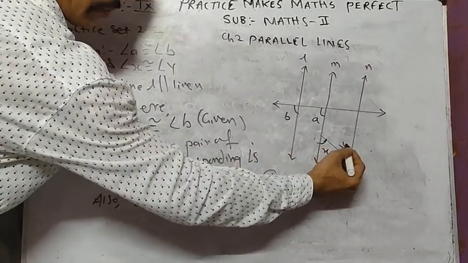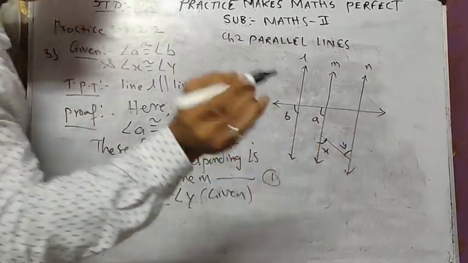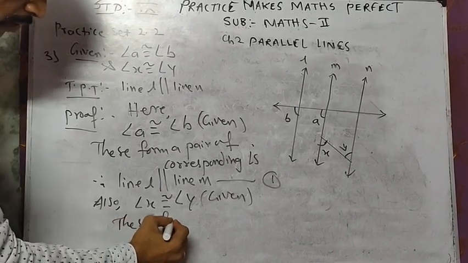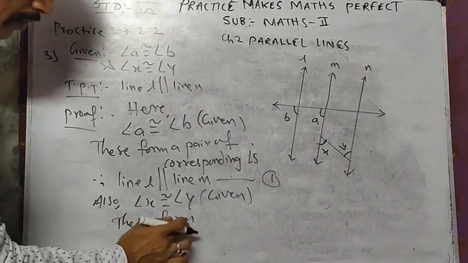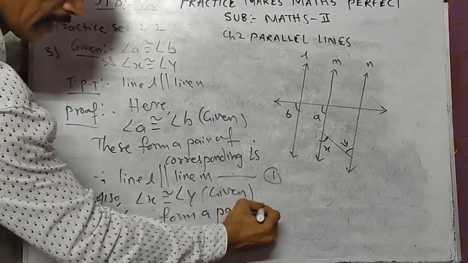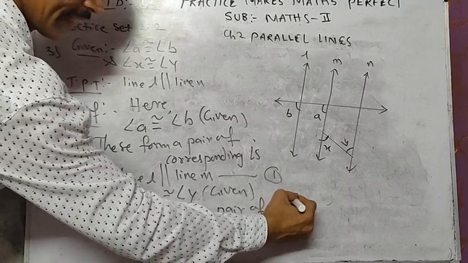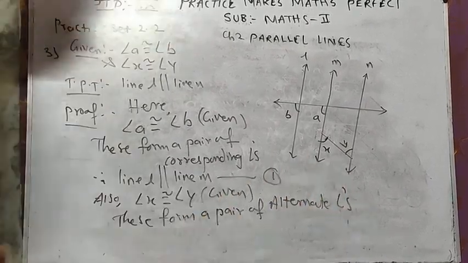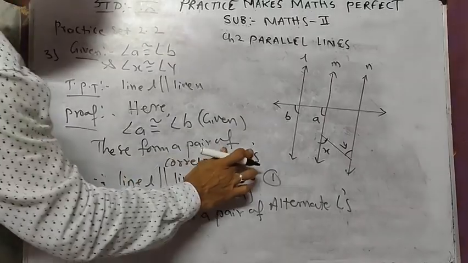How are they, you know, they form alternate angles. So these form a pair of alternate angles.